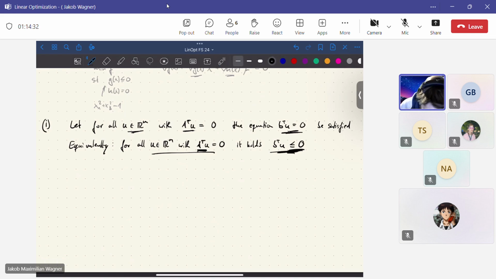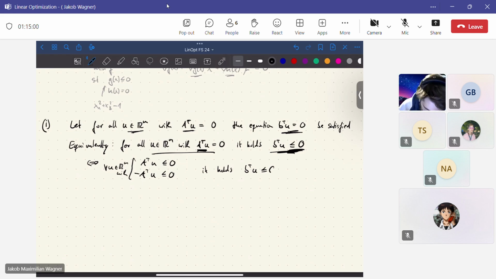So this is equivalent to A transpose u is lesser or equal than 0, and minus A transpose u is lesser or equal than 0. So for all u in R^m with this property, it holds that b transpose u is lesser or equal than 0.